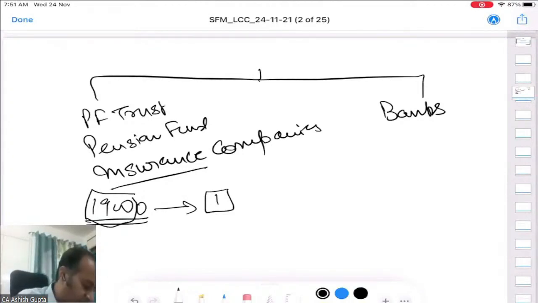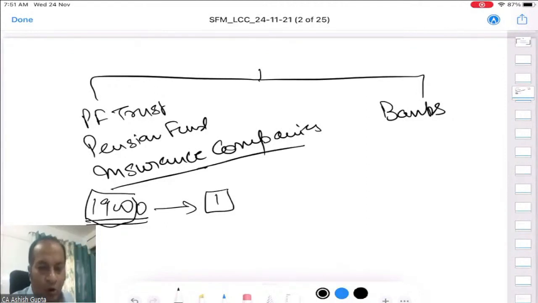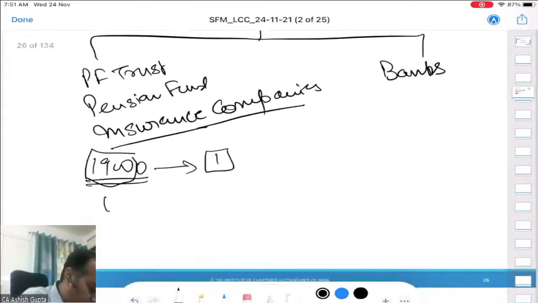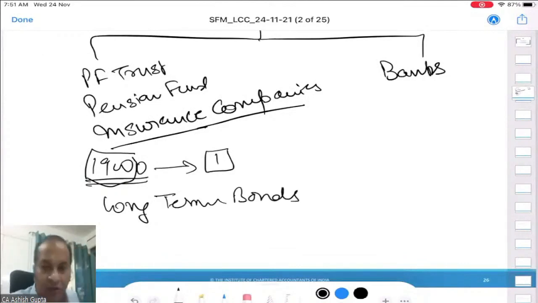Now, in that case, the insurance company may not require the money on an immediate basis, so they may go for long-term bonds. Their preference will be for long-term bonds.